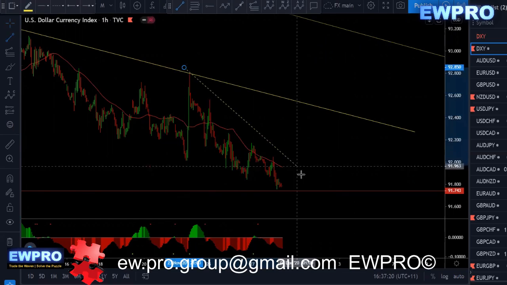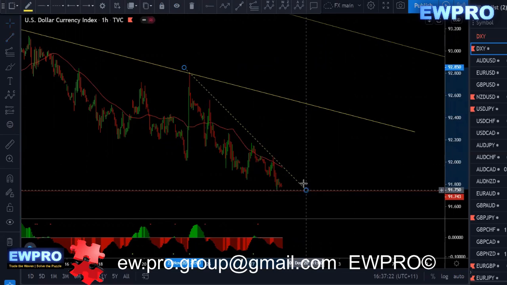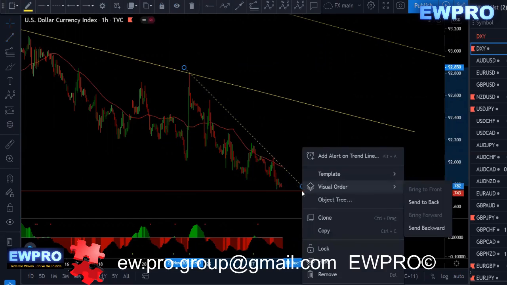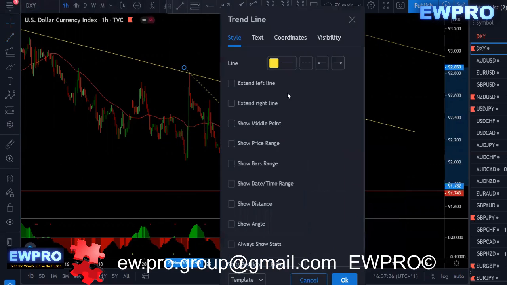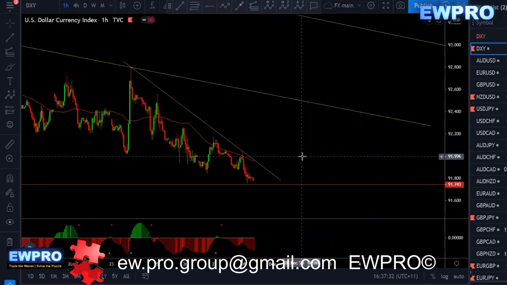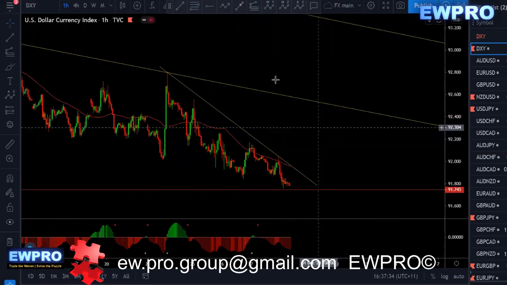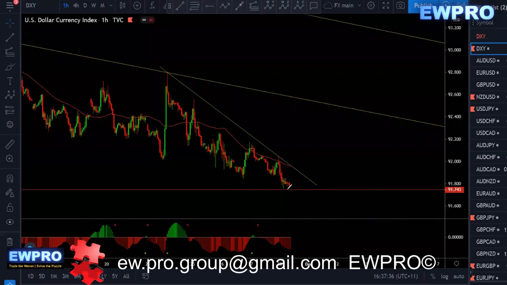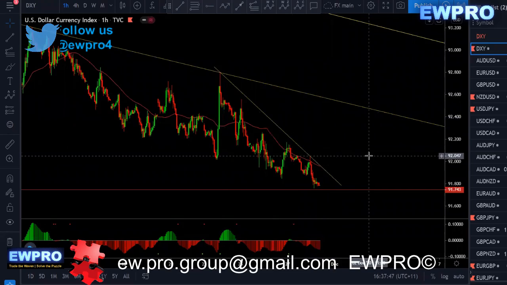I'll just draw the trend line here. So we do have a trend line. Any break out of here, little flag, look for the buy. Yeah, so I'm only looking for buys.